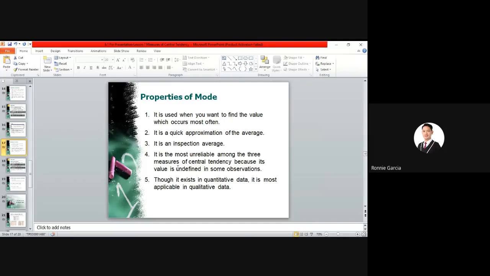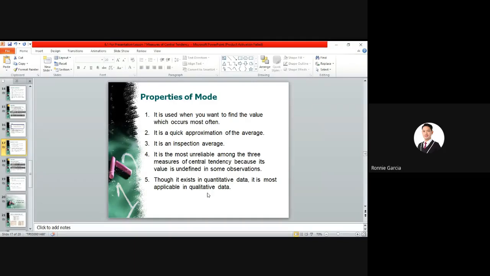Kaya dito lamang ka nag-focus sa popular, sa nagbalik-balik. That is why it's not reliable and it's not actually seen in any research study nga gi-publish, especially academic writing. Walay mode nga gibutang dito. It's always the mean.